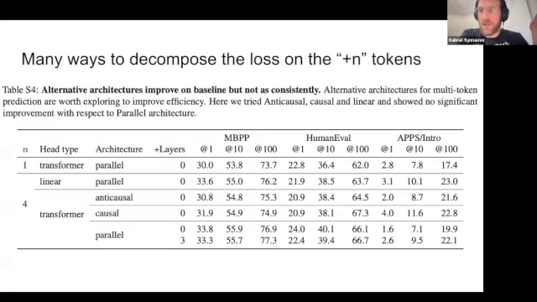Of course, already here you have a design choice: you can decide how to decompose the dependencies between the t+1 to t+n tokens. We did a bunch of ablations, either saying, okay, we're just going to consider them in parallel. So we predict t+1, knowing x_1 to x_t.